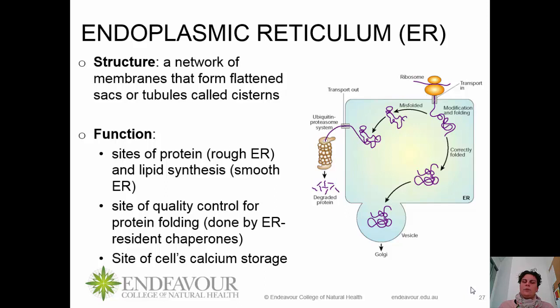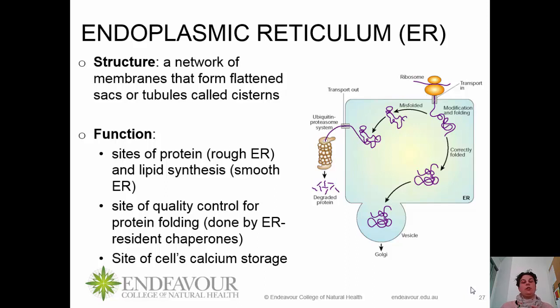Another couple of smaller functions of endoplasmic reticulum are actually quite important. We don't cover so much of the first one in BIOH111, which is the site of quality control for protein folding. What does that mean?